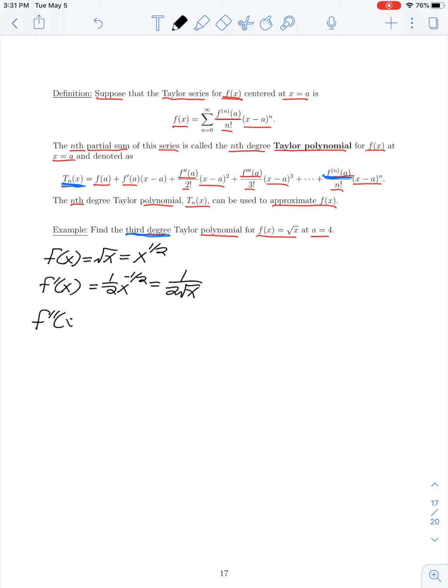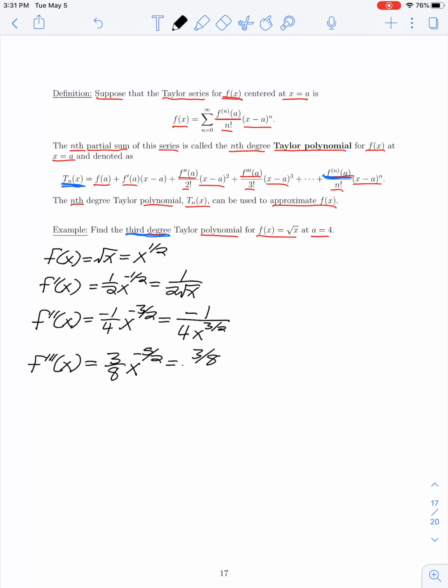Our second derivative, f double prime, is negative 1/4 times x to the negative 3/2 power, or negative 1 over 4 times x to the 3/2. And finally, for our third derivative, f triple prime of x, we have a positive 3/8 x to the negative 5/2 power, or 3/8 divided by x to the 5/2.